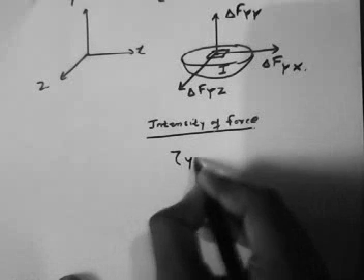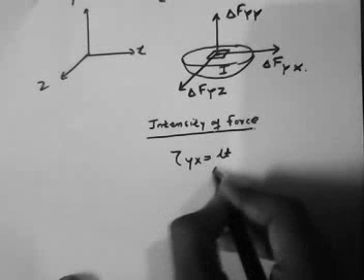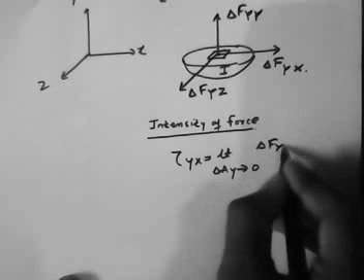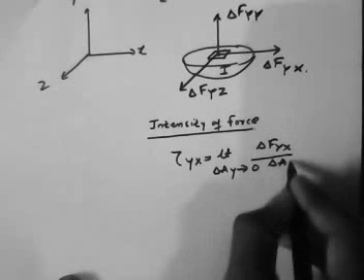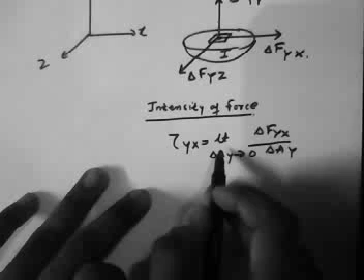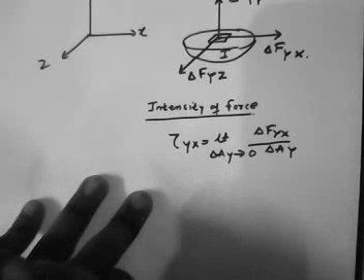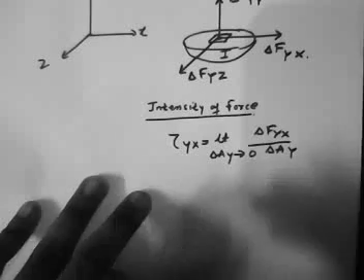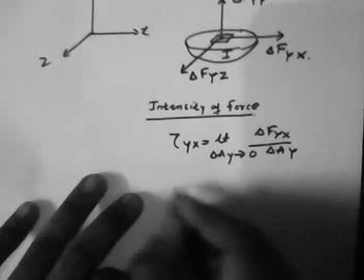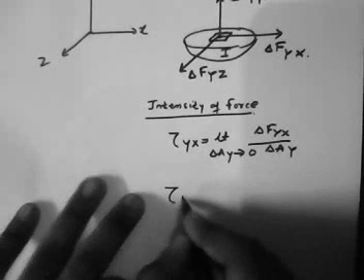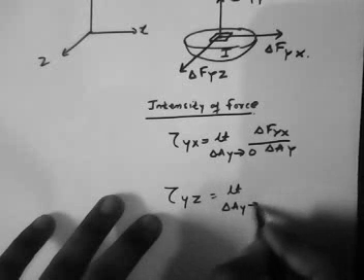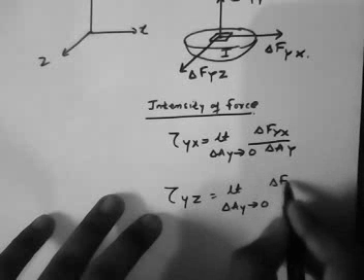Same thing, we can denote the intensity of force. That is basically tau yx, that is limit delta A y tends to 0 of delta Fyx by delta Ay. So this is the intensity of force, or the stress vector, and this is shear in nature, which acts parallel to the element.